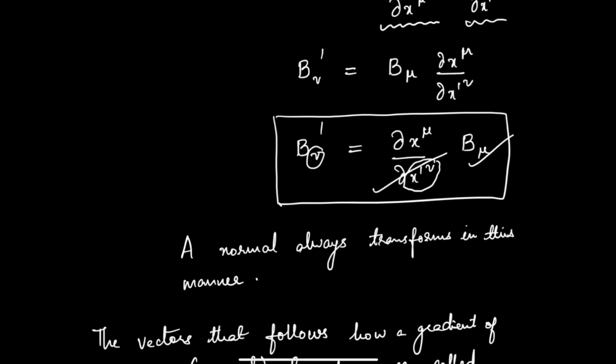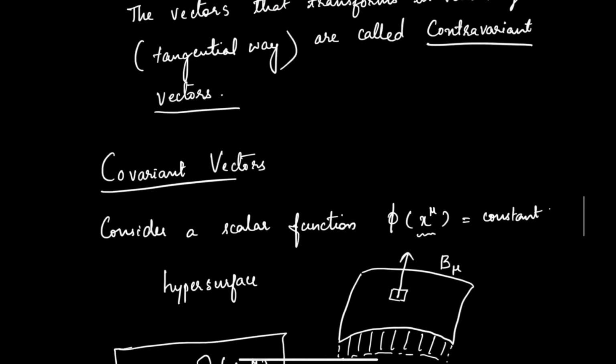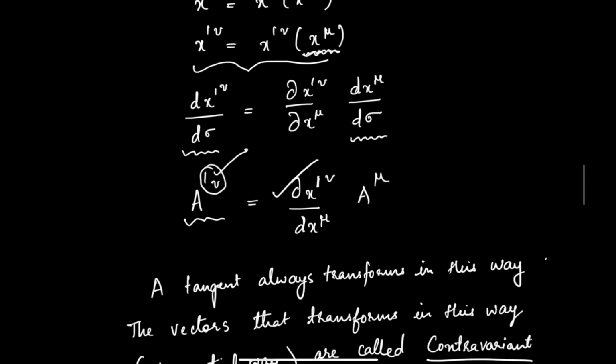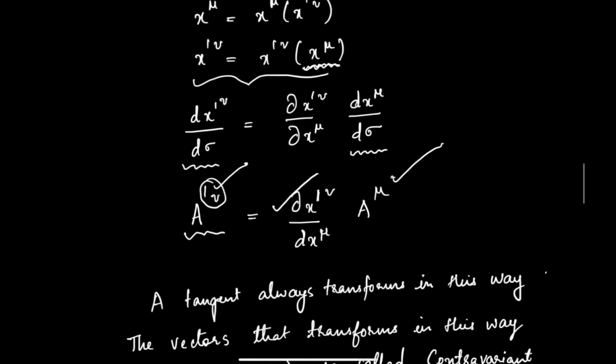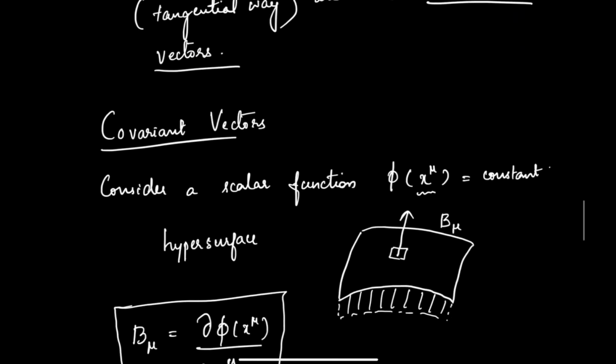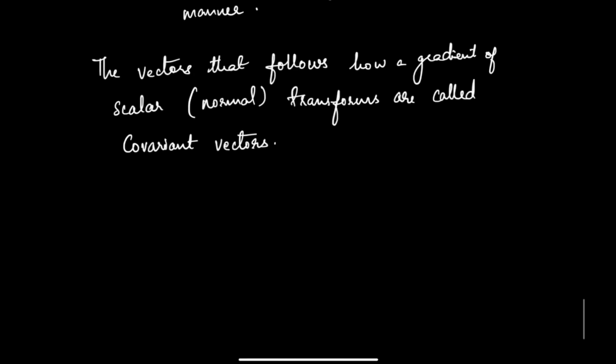See this mu and nu. And in contravariant, it is superscript. See, mu and nu are superscript, and the x prime is always in the numerator. So that is the notation. Okay. So the vectors that follow the transformation of a normal are called covariant vectors, and vectors that follow how a tangent transforms under the coordinate transformation are known as contravariant vectors.